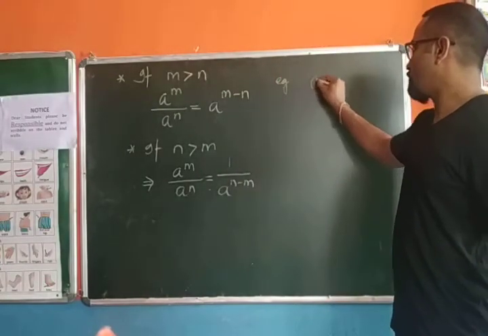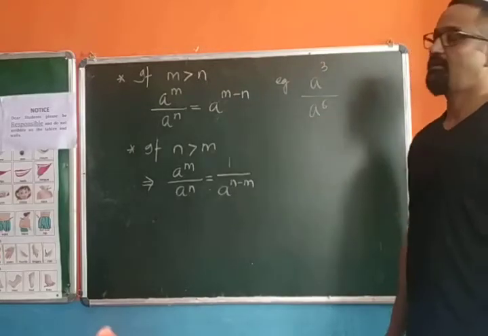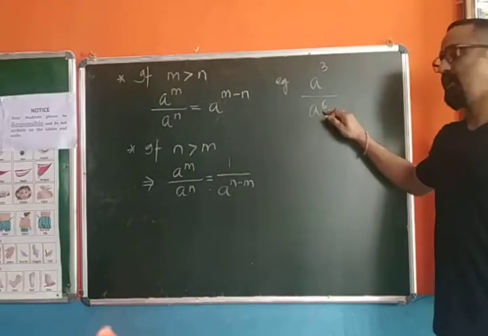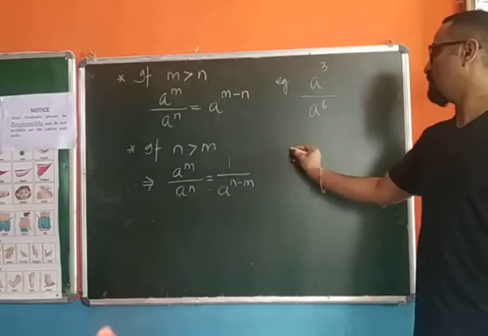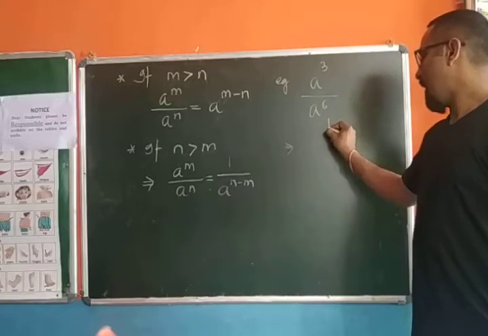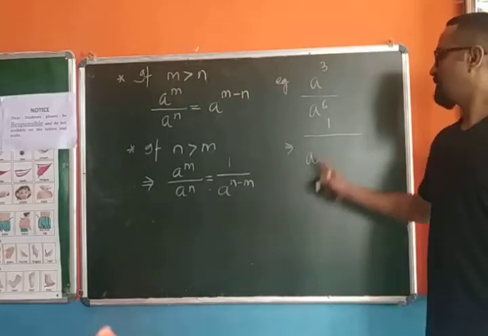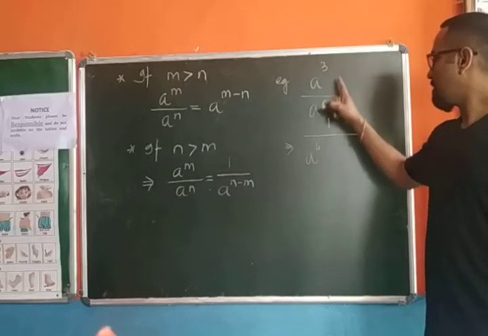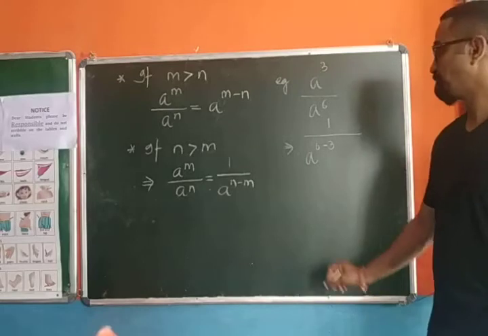Example, a to the power of 3 divided by a to the power of 6. At the denominator you have greater power, in the numerator you have smaller power. So we write 1 in the numerator, same base, 6 minus 3, only the power gets subtracted.